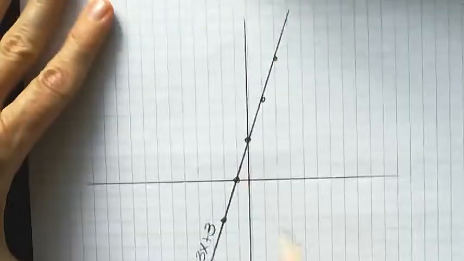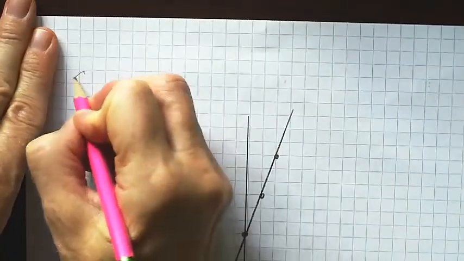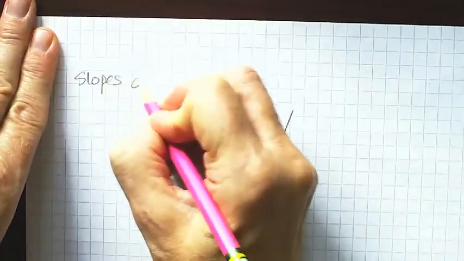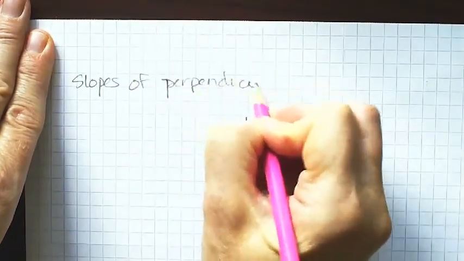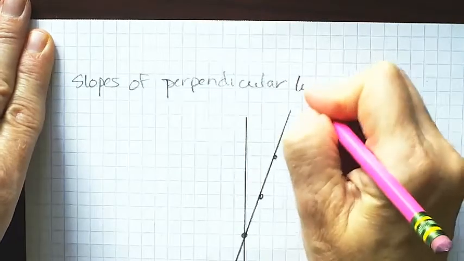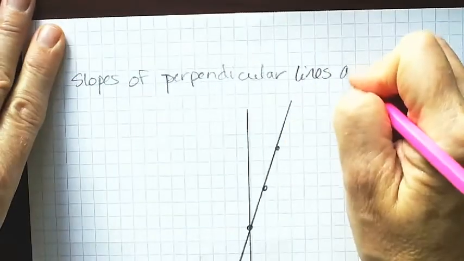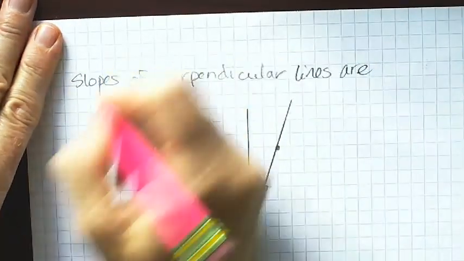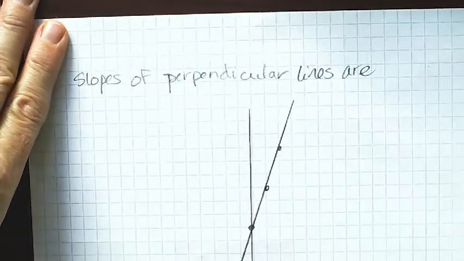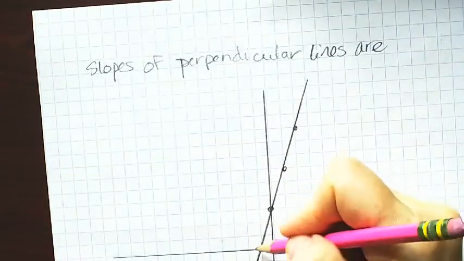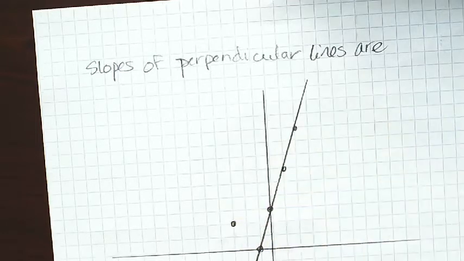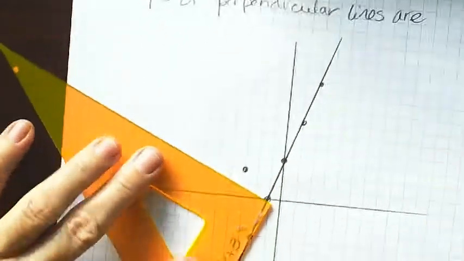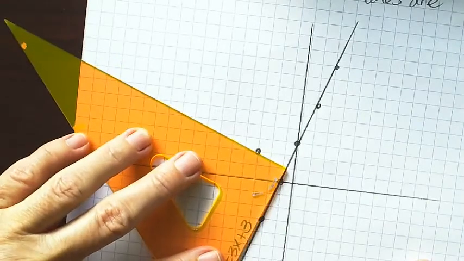Okay, remember that slopes of perpendicular lines are, do you remember? Think about it. Let's see, it's going through negative 3, positive 2. It's going through this point. It's perpendicular, which means it intersects this at a right angle.